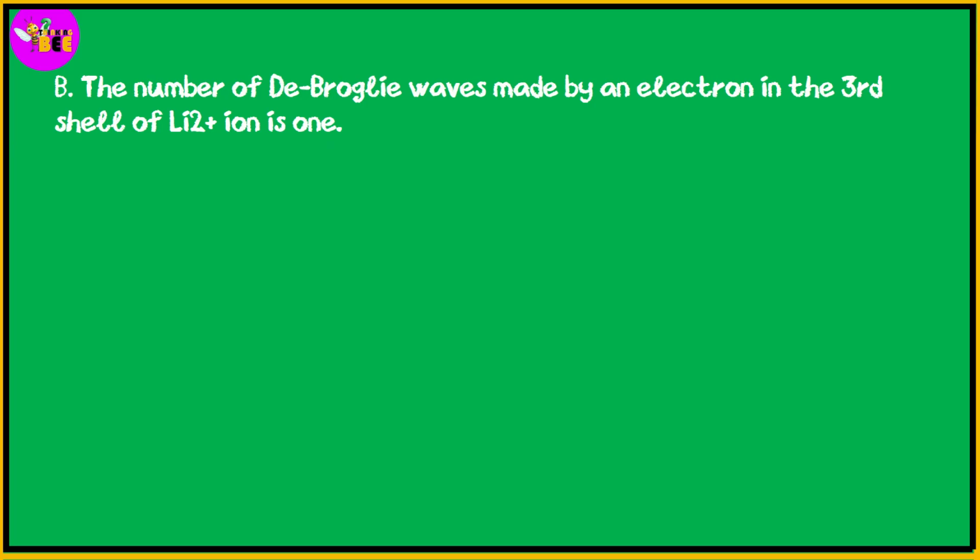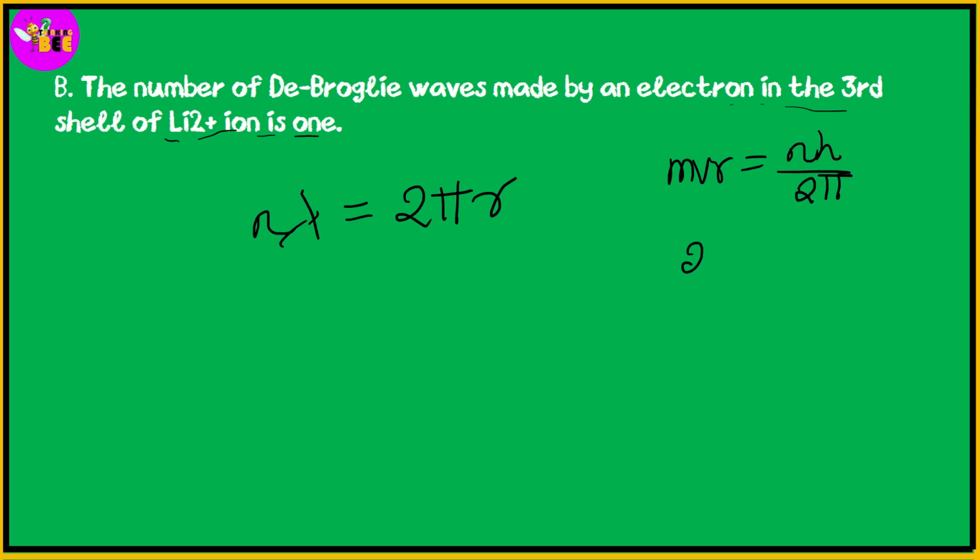Let's look at option B. The number of de Broglie waves made by an electron in the third shell of lithium 2 plus ion is 1. Now, for any hydrogen-like atom, the wavelength is given by n lambda is equal to 2 pi r. This is derived from the equation mvr is equal to nh by 2 pi. This gives 2 pi r is equal to nh by mv, where h by mv can then be rewritten as lambda, so 2 pi r equal to n lambda.